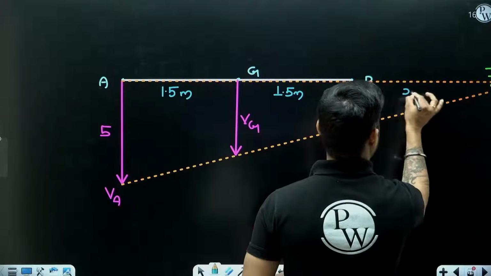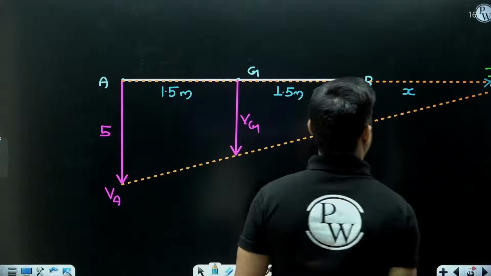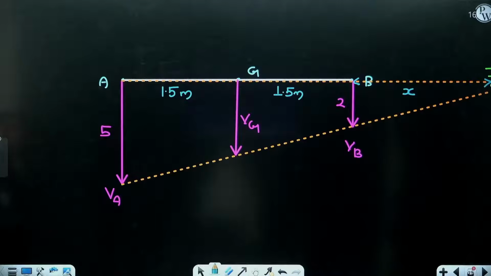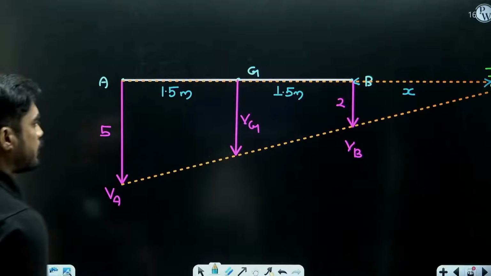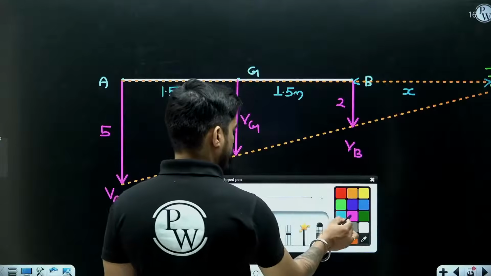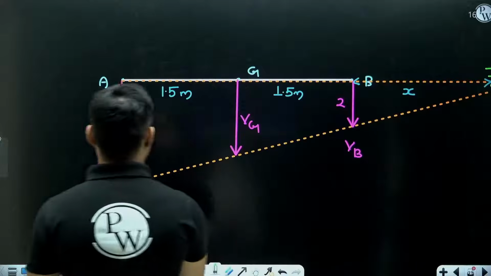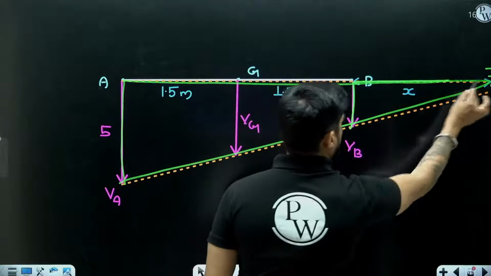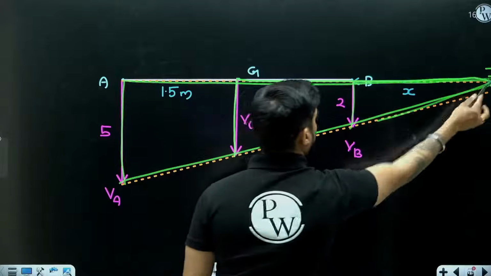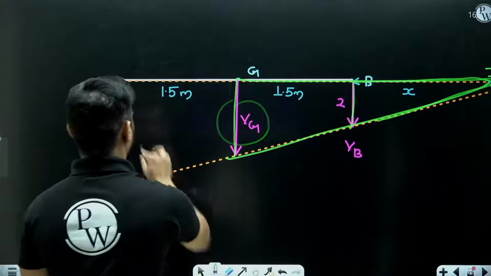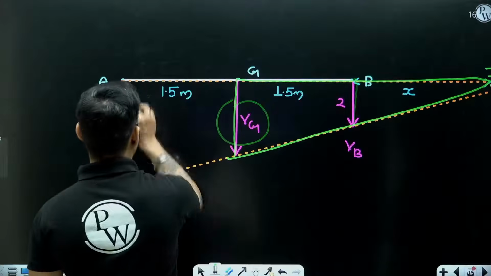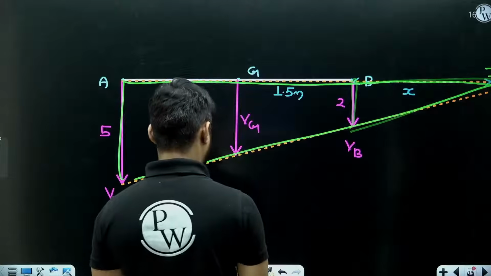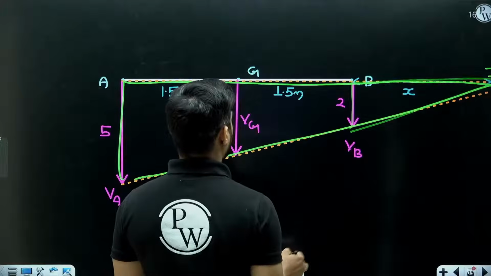Let's say this distance is x. So if I get the value of x, I can find the value of Vg. So how do I get the value of x? Apply similar triangle between this bigger triangle and this triangle. You can't use this triangle right now because you don't know Vg, but you know this 5, you know this 2. So one triangle will be the big one, and one triangle will be the small one.